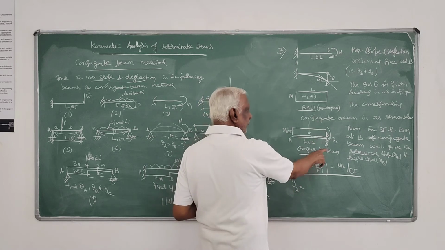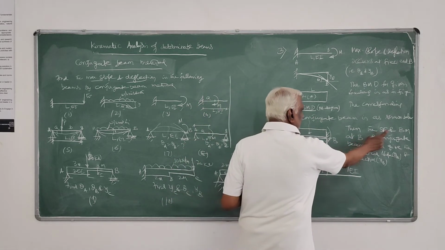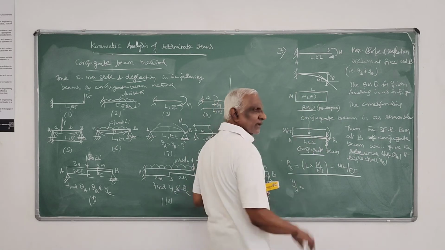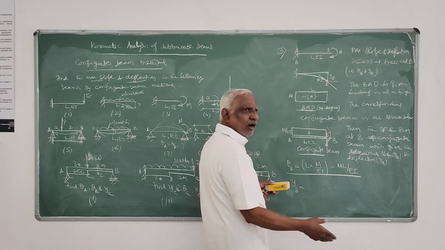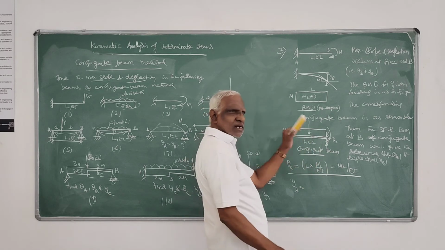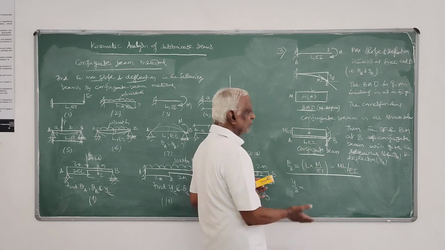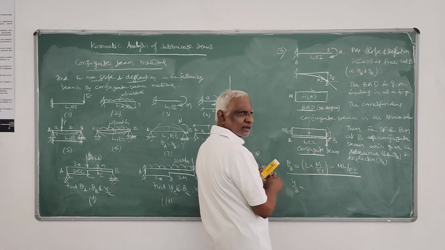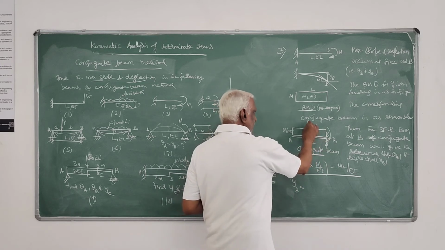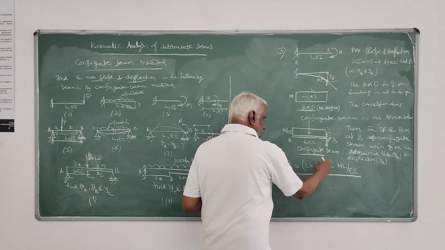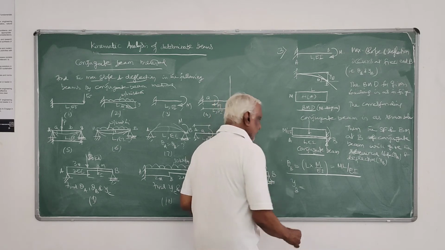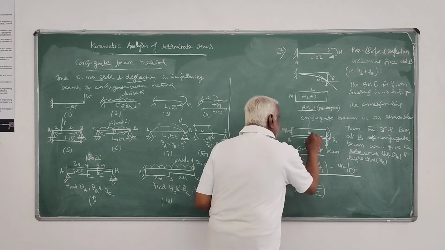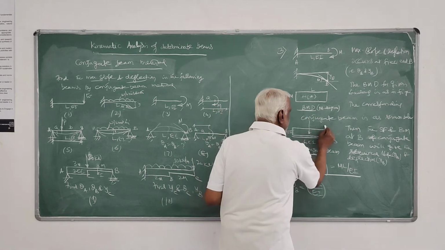It is nothing but the bending moment at B. That's what I have told here: shear force and bending moment at B. How do you define bending moment at B? It is the algebraic sum of all moments due to all loads, either towards left or right of that section. Here it is only towards left. So algebraic sum of moment, only one load is there. So what is that? Moment due to that load, ML by EI into L by 2. This total load is ML by EI, and it acts at the centroid, which is at a distance L by 2.